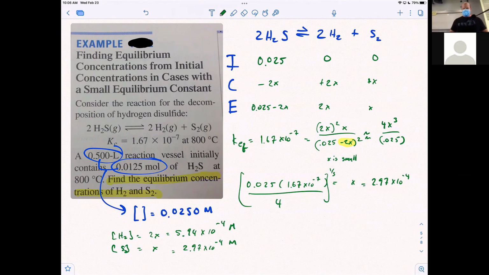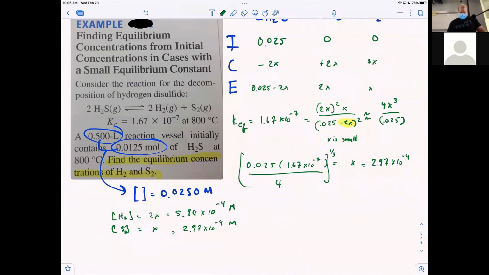Do you guys know how to use those things? Do you know how to use the graphing calculators, or MATLAB or Mathematica, those kinds of things? If you want to, you don't have to do the x is small. You can just go ahead and use the solver function and get the right answer. It's even a better answer.